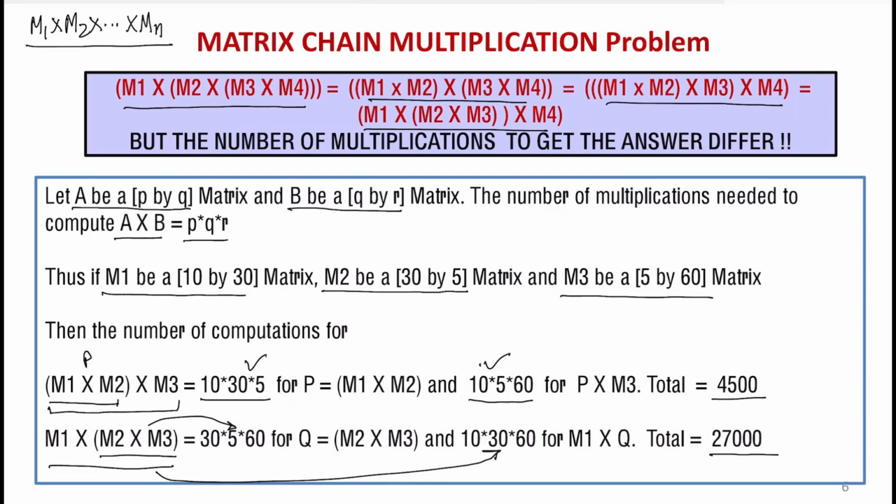So now the question is, how do we find out what is the optimal sequence for us to multiply these, decide on the optimal sequence for multiplying these matrices. This determination of the optimal sequence and the minimum number of multiplications is the matrix chain multiplication problem.